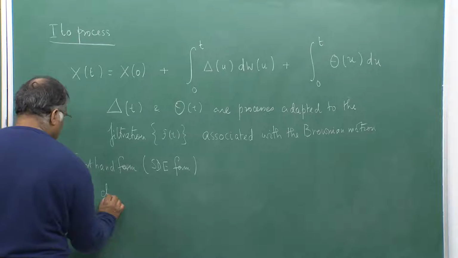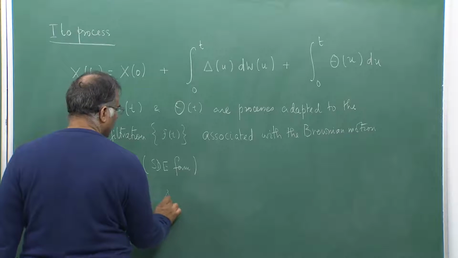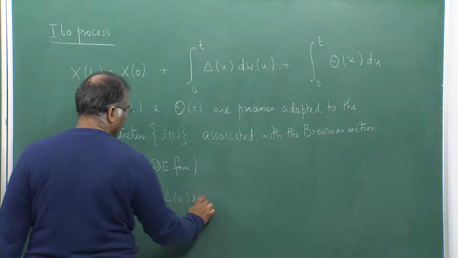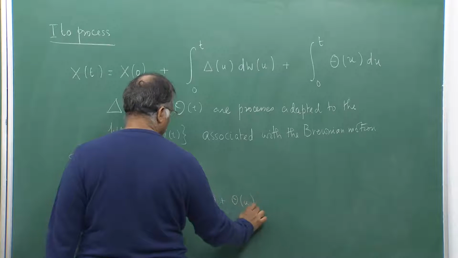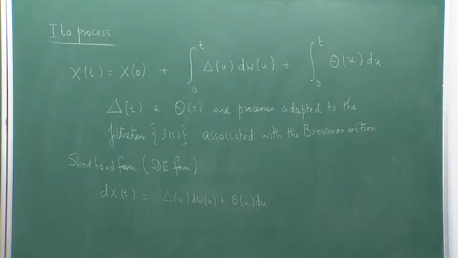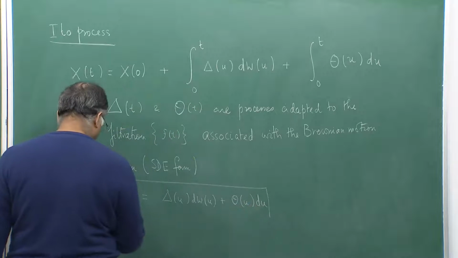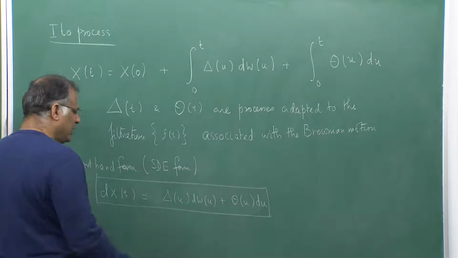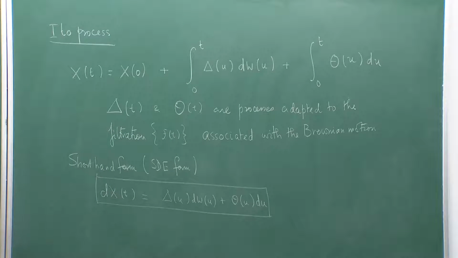You can write this as d of xt is equal to delta u dw plus theta u du. Most of the models that we will use in finance would be represented through these sorts of shorthands. But please understand that this is nothing but a shorthand to this, because we essentially talk about Ito integrals, we do not talk about differentials of Brownian motion.